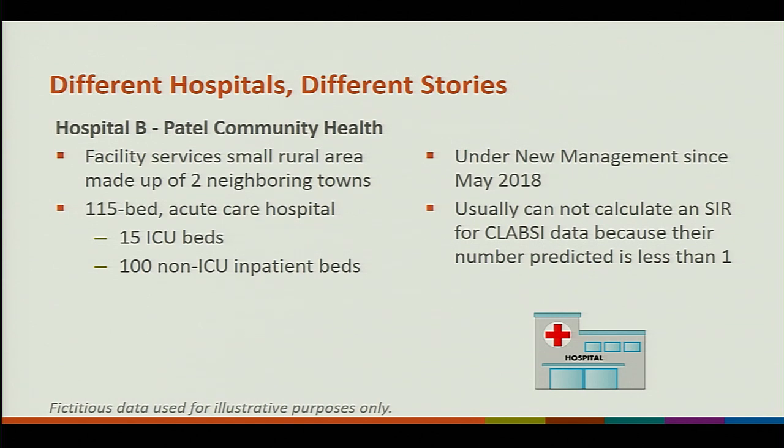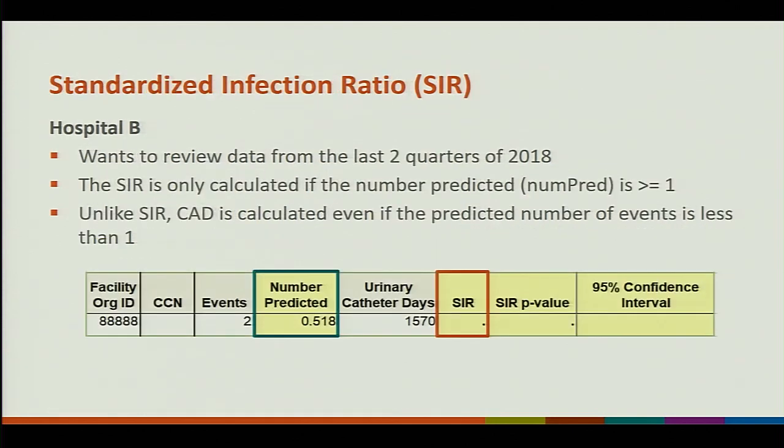That's not surprising. If you were listening to Prachi earlier, I think she kind of drove that point home. Whenever your number predicted is less than 1, if you remember what she was saying, you're not going to be able to calculate an SIR.